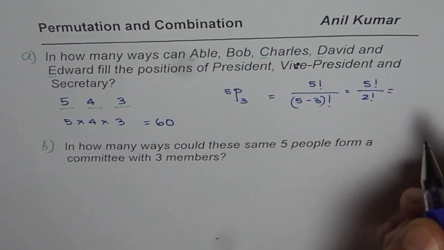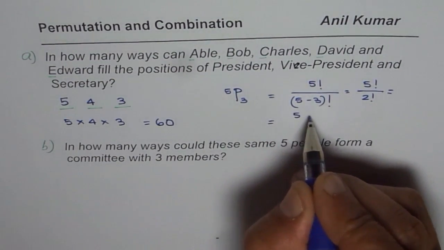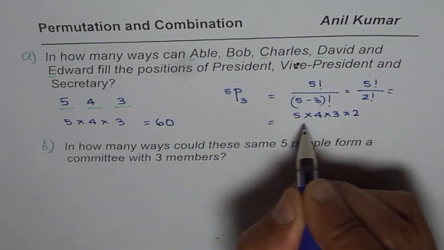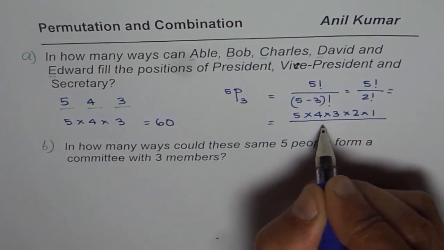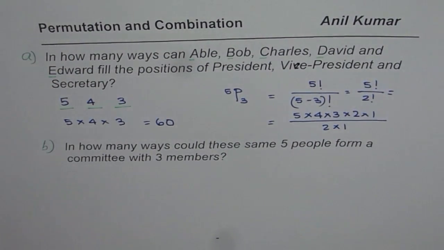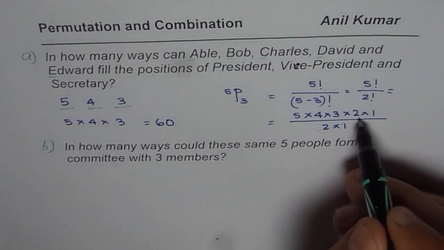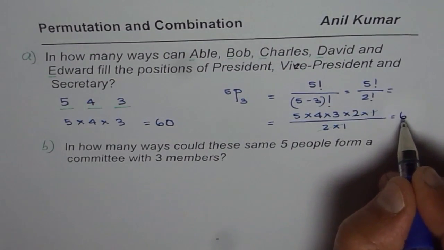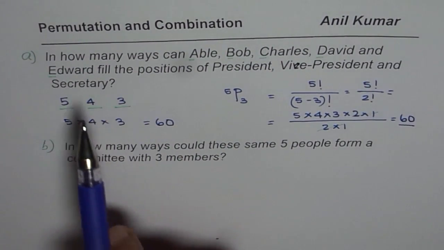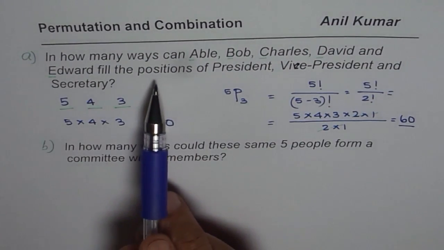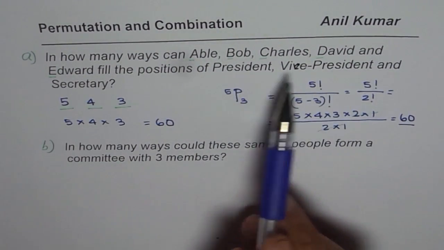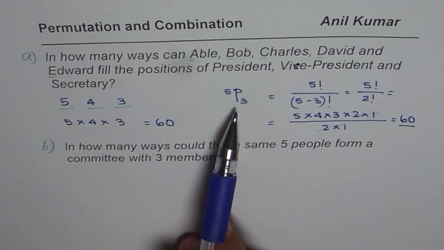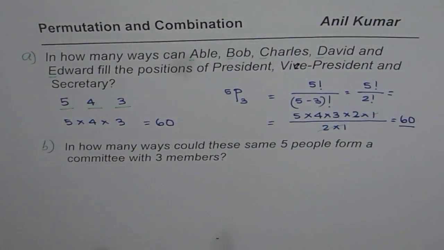Or it is the same as 5 times 4 times 3 times 2 times 1 divided by 2 times 1, and that gives you the same answer as 5 times 4 times 3, which is 60, right? So in part A, since we have three distinct positions, they are all different, unique, and therefore we use permutation to find the total number of combinations.